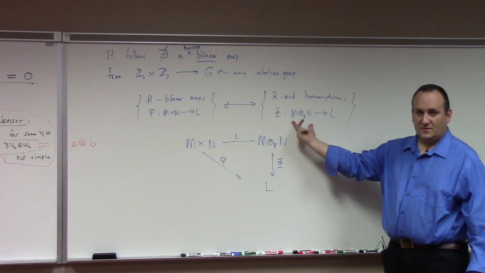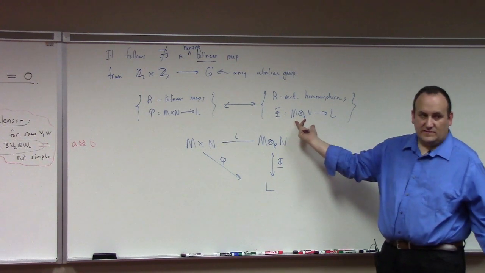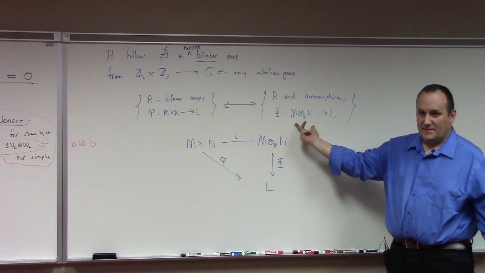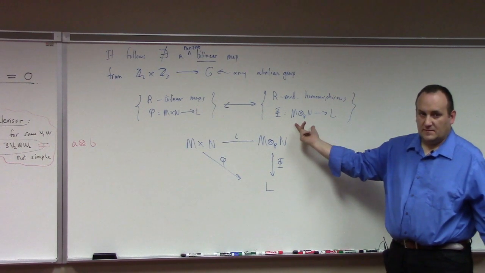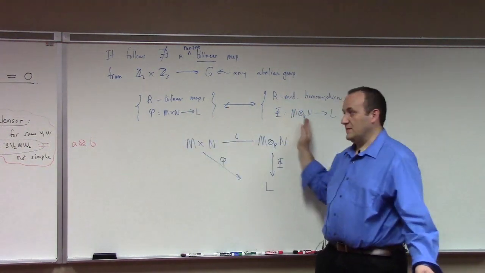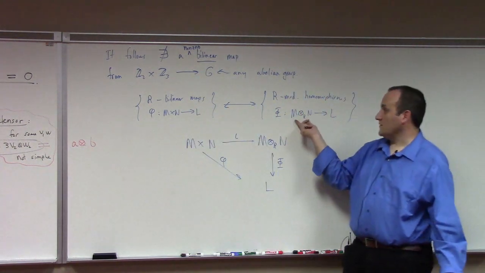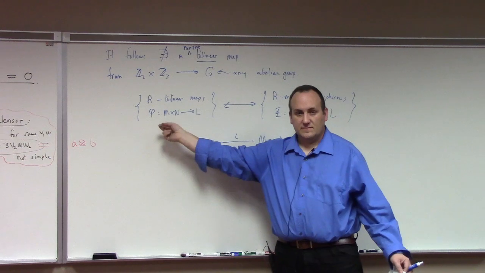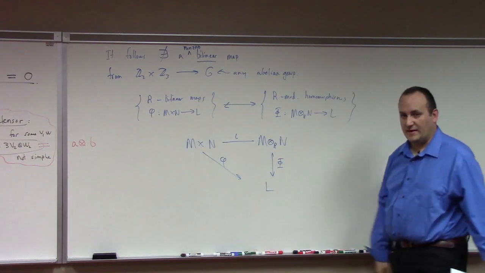So what maps can you define on 0? Just the 0 map, right? It's single valued, so you map 0 to 0, that's it. So there's a direct correspondence between these and those, though, right? If I show this is 0, it says that there is no non-trivial bilinear map.